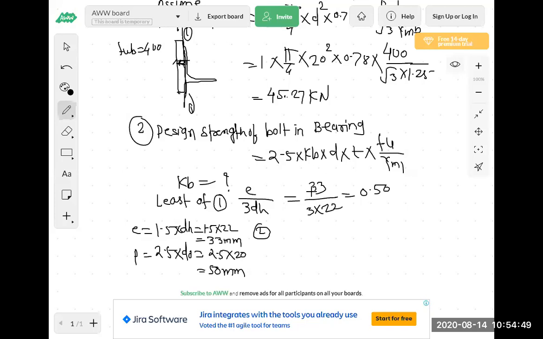The second value is p divided by 3dh minus 0.25. So p is 50 divided by 3 into dh, again 22, minus 0.25. So how much is the value of this? 0.507.